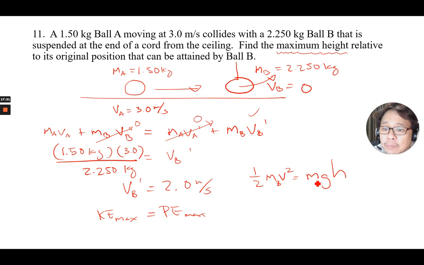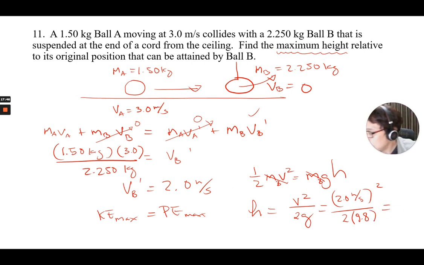Now, the m and the m will cancel out. They are the same. You can solve for h. So h is equal to v squared over 2g. The v is 2.0 meters per second. We square it, divided by 2, divided by the g, which is 9.8. What do we get?